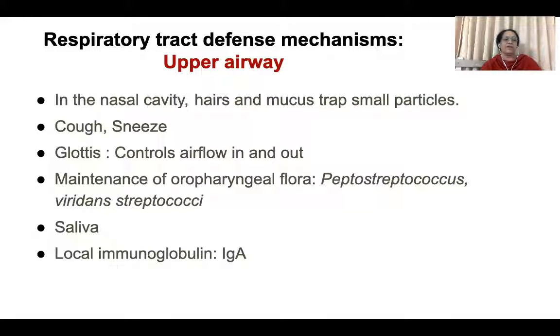Saliva, which is mainly present in mouth, contain lysozyme and it is responsible for lysis of variety of microorganisms. Certain antibodies like IgA antibodies, immunoglobulins, they also neutralizes number of microorganisms present in the respiratory tract.